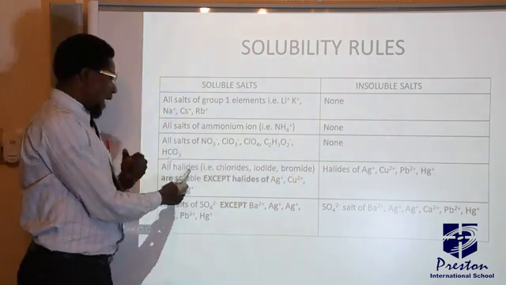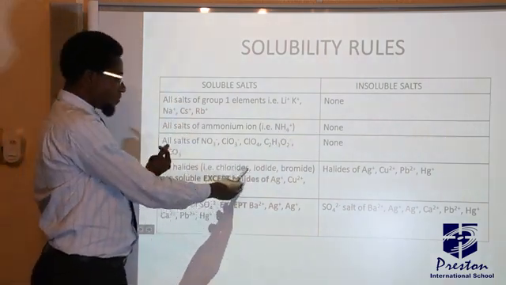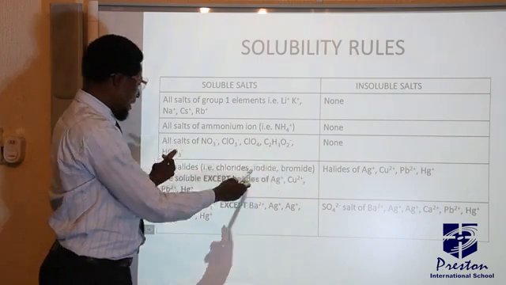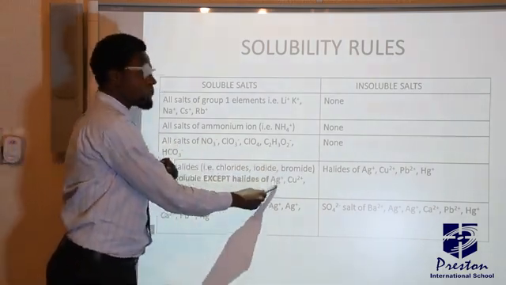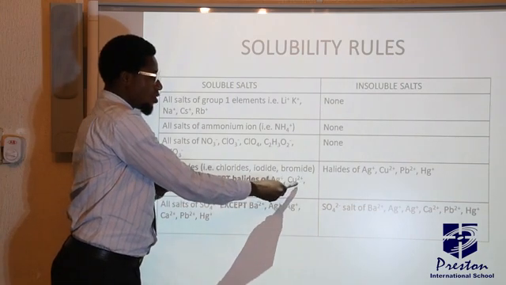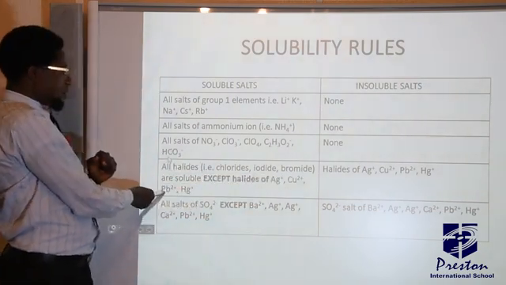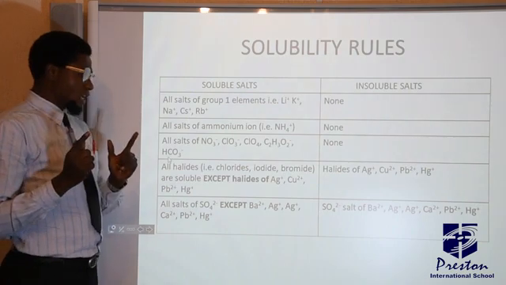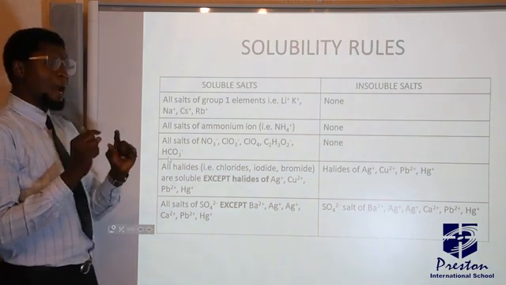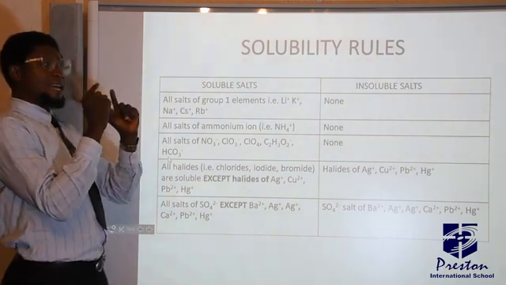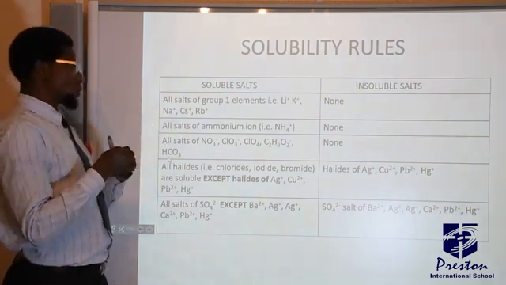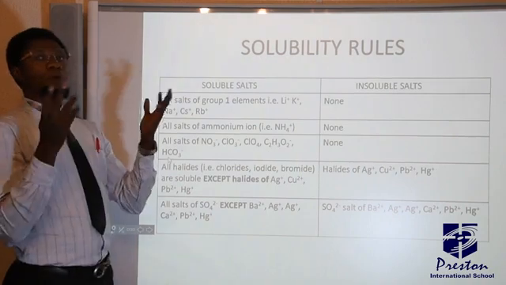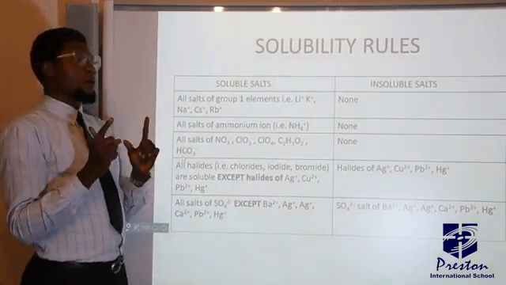So, all halides, that is chlorides, iodides, bromides, are soluble except the halide of silver ion, copper ion, lead ion, and mercury ion. So what we're talking about here is that whenever you have any form of halide, maybe sodium chloride or sodium iodide or sodium bromide, all these are soluble in water.